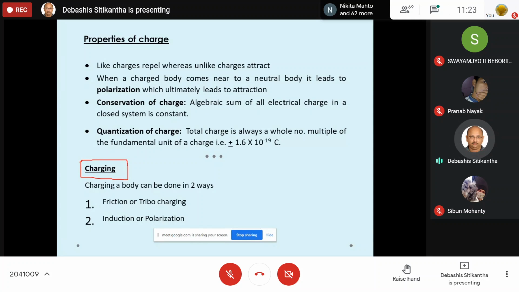Next, we studied the different properties of charge. The first property is very well known to everybody: like charges repel and unlike charges attract. Next, we studied polarization. When a charged body comes near a neutral body, it leads to the polarization effect.